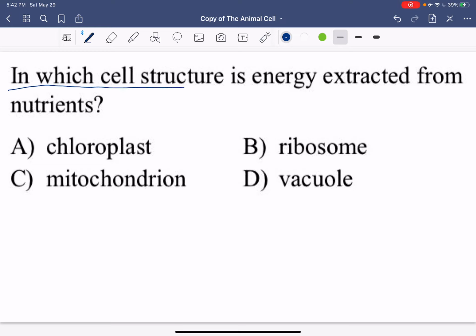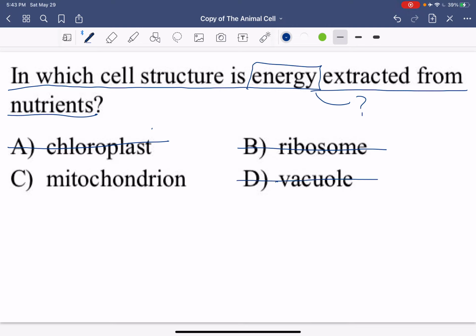In which cell structure is energy extracted from the nutrients? Did we talk about the chloroplast? We didn't. We're going to talk about this in the future. We definitely know that ribosomes are not associated with making energy. And the vacuole we know stores things.